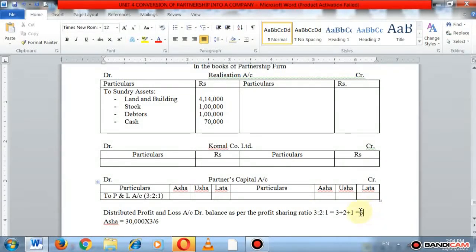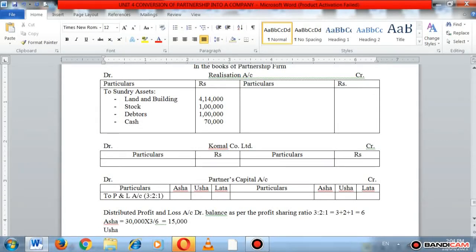So 3 out of 6 is the profit of Asha. So here profit is equal to 30,000 multiplied by 3 divided by 6. So the profit transferred to Asha's capital amounted to rupees 15,000.